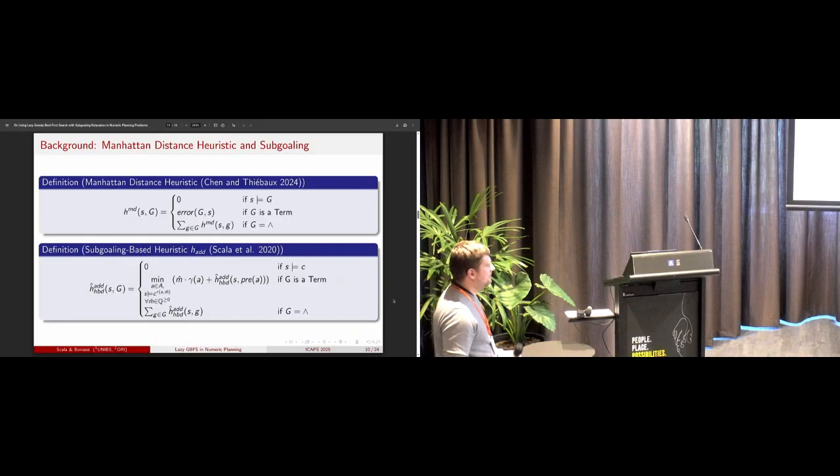So you mean like the lazy, so right. Everything together? So that's an interesting question. So in terms of linear abstraction, that wouldn't make any difference because that doesn't change how the numeric error is computed. I think it would definitely be interesting to try that with lazy greedy best first search.